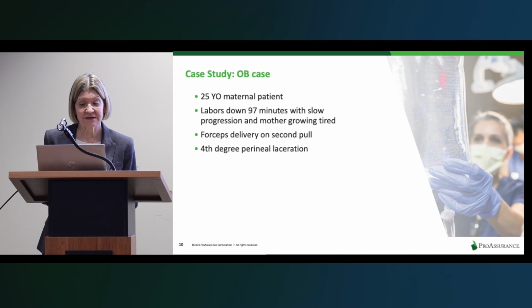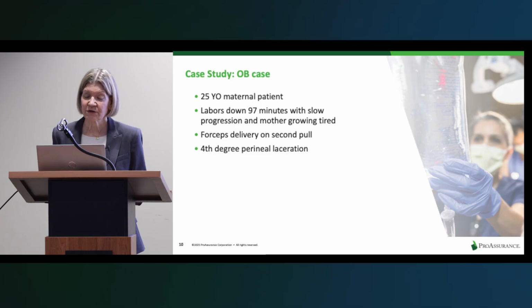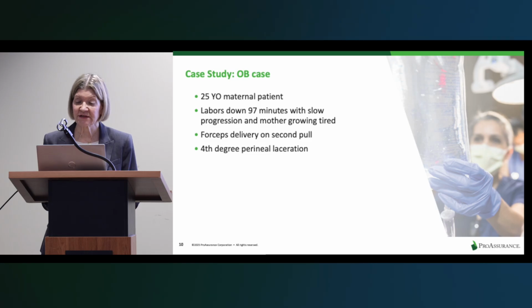So in this case, a 25-year-old maternal patient was admitted to labor and delivery for induction at 39 weeks of gestation. Once she began pushing, the patient changed position after 30 minutes and again at 90 minutes to try and progress. After consultation with the labor and delivery nurses, the OB discussed with the patient the need for surgical assisted delivery and recommended the use of forceps.